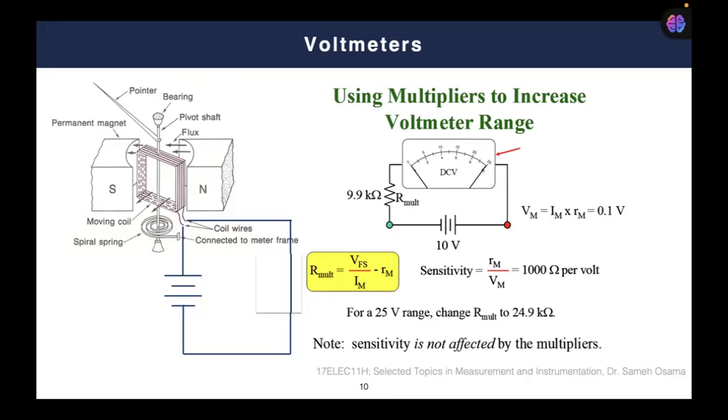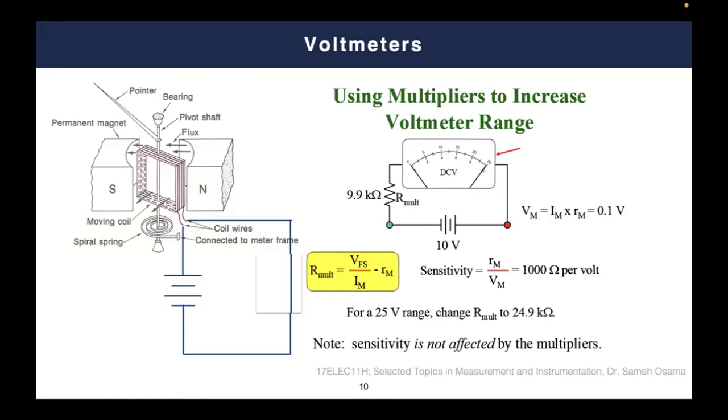So 1 milliampere. So simply it is 24.9 kilo ohm. So you need to add a resistance in series of 24.9 kilo ohm. This resistance will make the overall voltage drop across this multimeter, or across this voltmeter, to be 25 volts in a very simple manner.